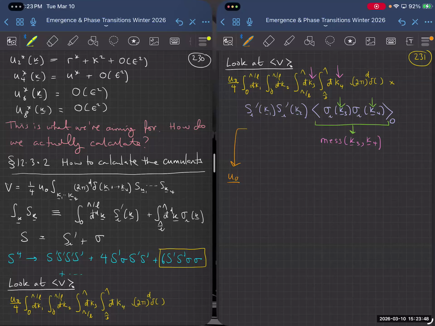I'm going to end up then with u0 over 4, the integral from 0 to lambda over L, two of those, d^D k1, d^D k2, S_L prime of k1, S_L prime of k2, and then that's going to be multiplied by some function, some mess of k3 and k4, which has then been integrated over k3 and k4 times my momentum conserving delta function.